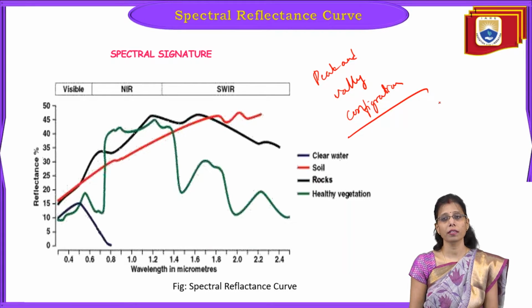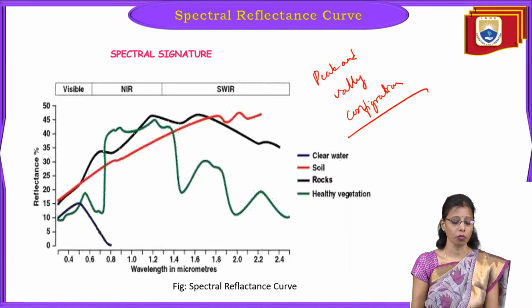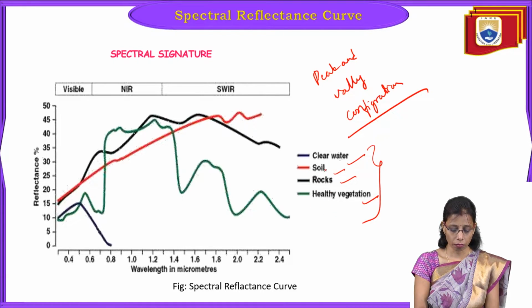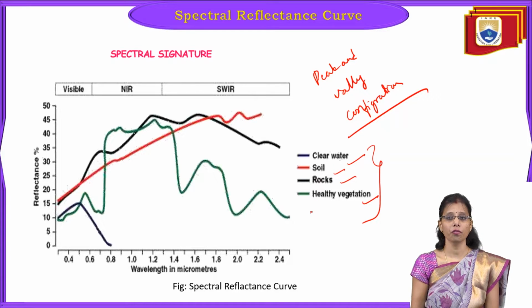It will show us where it is reflecting and where it is falling down. We have a few examples here: clear water, soil, rocks and healthy vegetation. These are four types of features which are present on the Earth's surface.